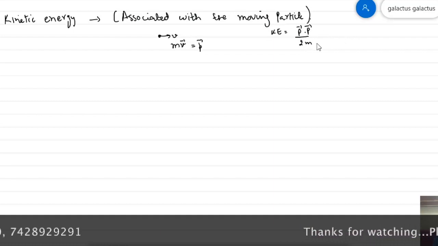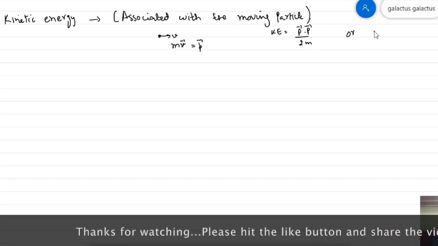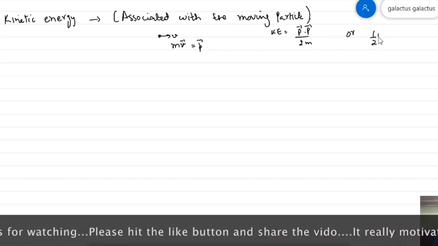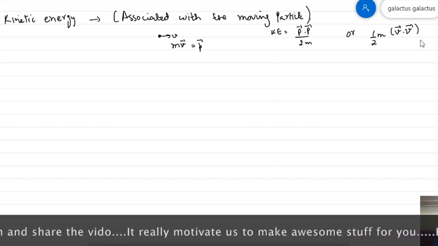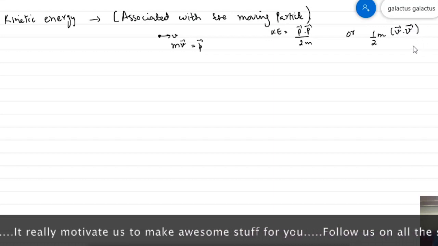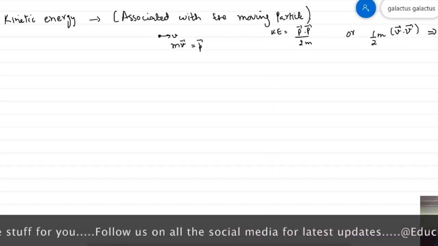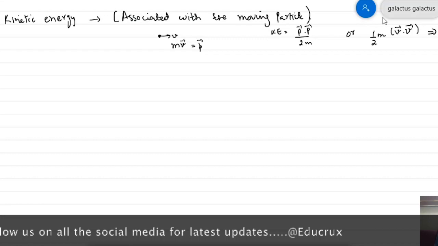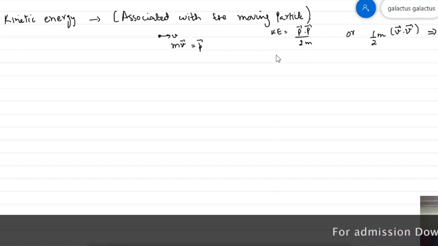In terms of the momentum, I can define my kinetic energy like this, or in terms of velocity, the dot product between the velocities. So this is my definition for the kinetic energy. It is a scalar quantity.